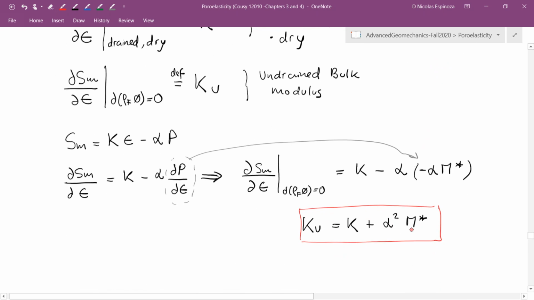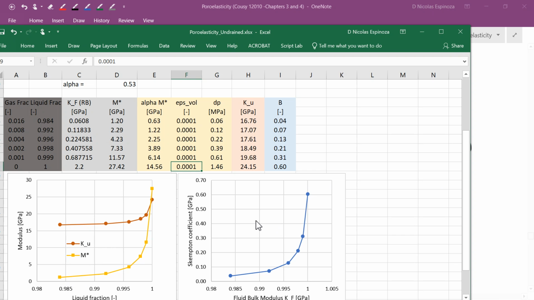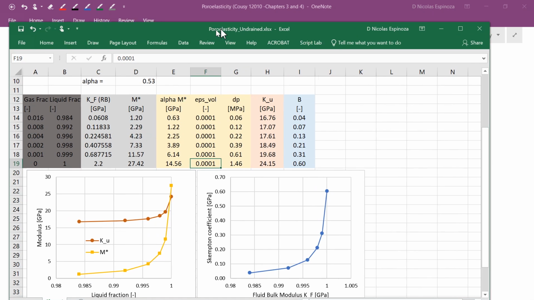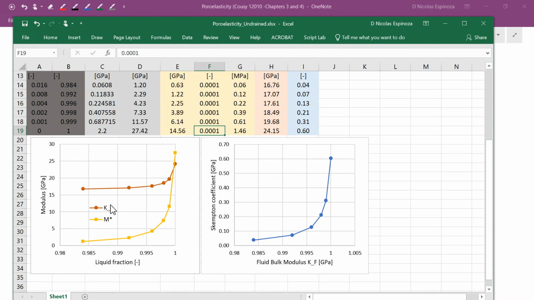All right, so let's see an example of what this undrained bulk modulus looks like. And for that, let me bring again this spreadsheet over here, where we have now the undrained bulk modulus as a function of the liquid fraction.